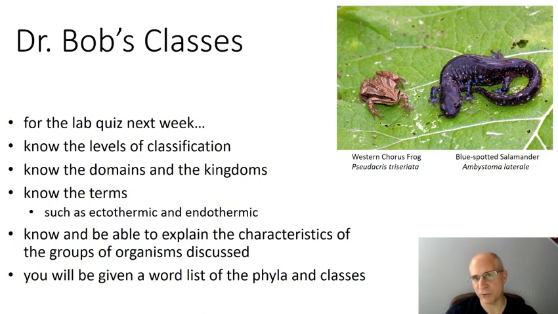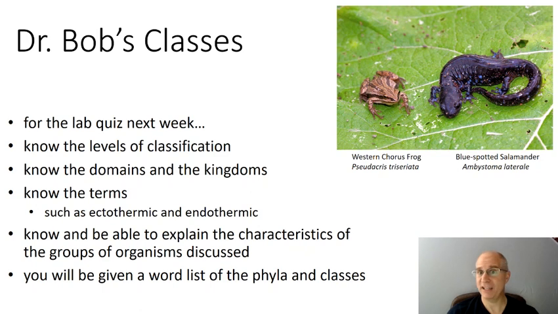Now, I will be honest with you. Remembering how to spell things like Platyhelminthes, the flatworms, or Echinodermata, the echinoderms, the spiny-skinned animals, I know that can be problematic if you're not planning on studying zoology. So I will, for this case only, provide a word list for you to choose from.